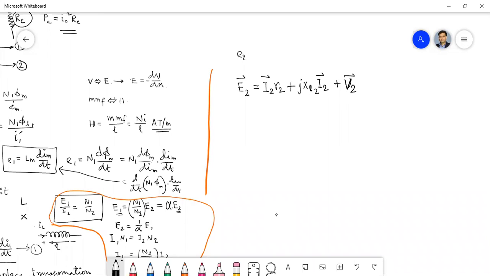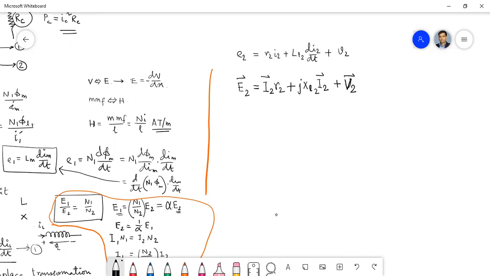So you try to understand how I am writing this from this equation. Next day I will ask you how we are getting this equation from this equation.